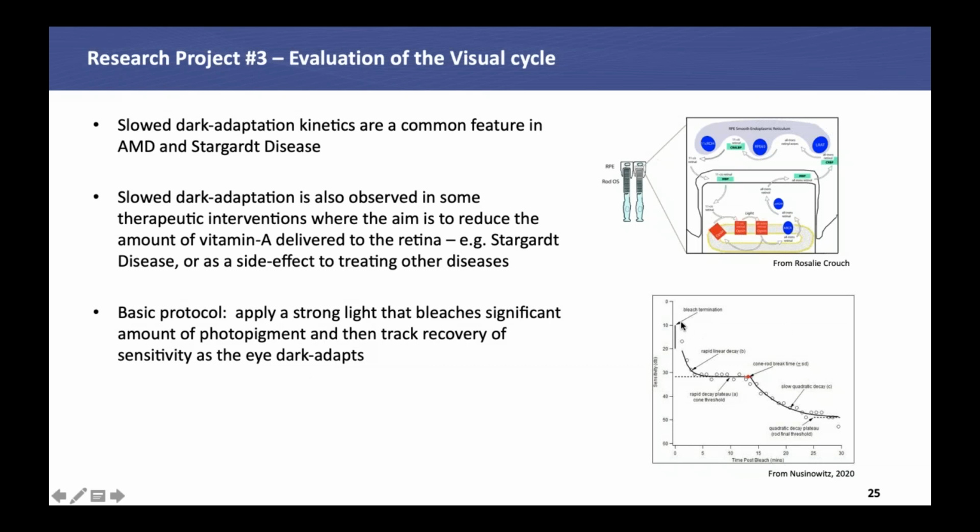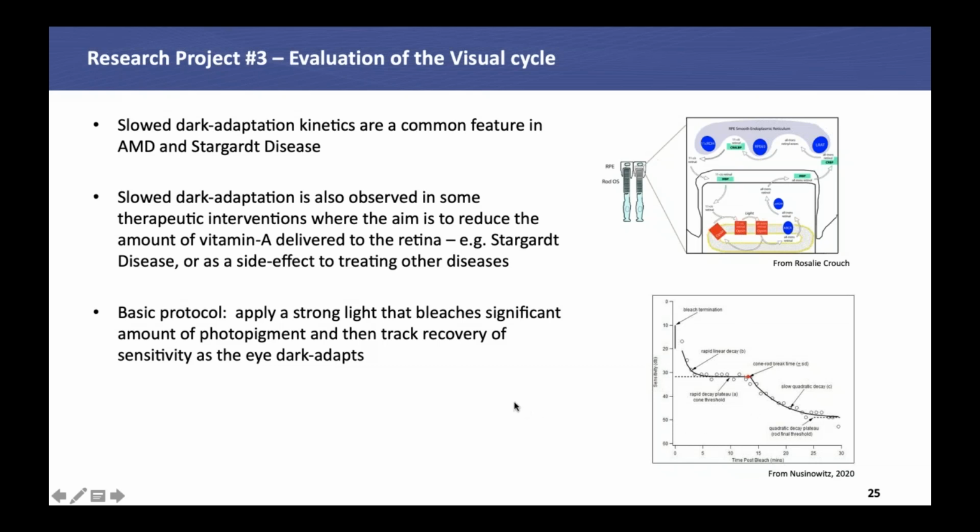On the right here is a psychophysically determined dark adaptation function. Bleach stops here. This is in a human, just for comparison purposes. As you dark adapt after a bleach, your cones do the job first, and then your rods kick in and they increase the sensitivity.